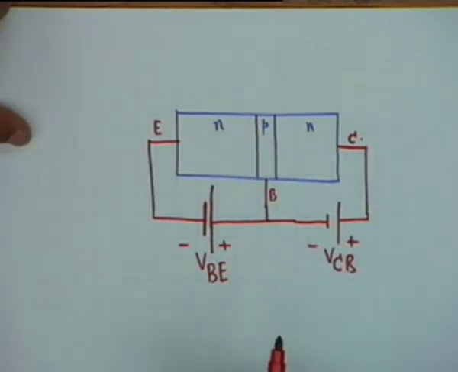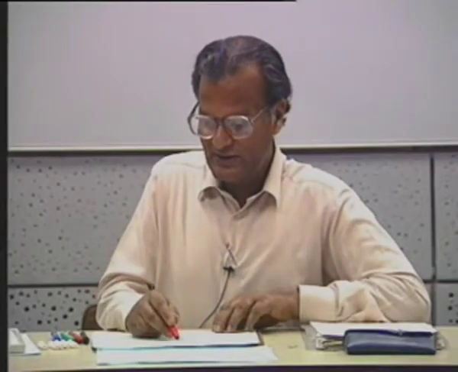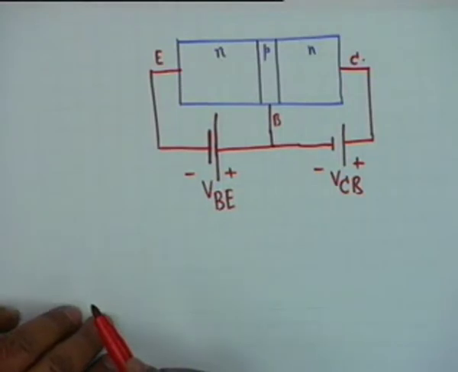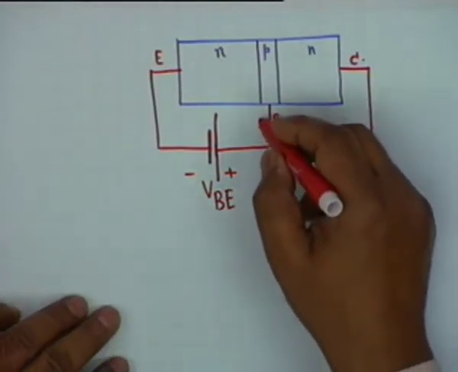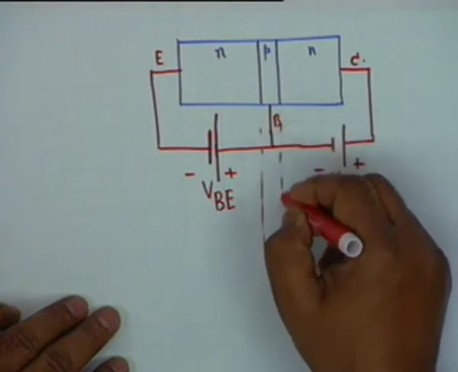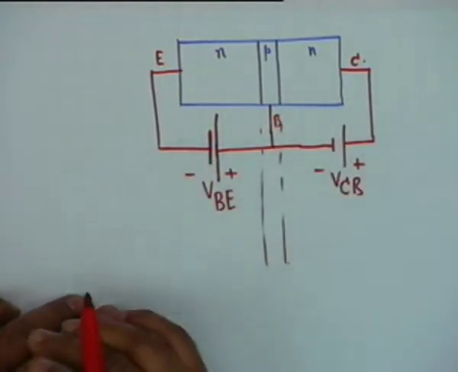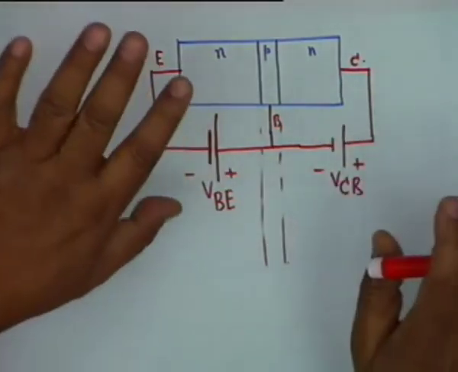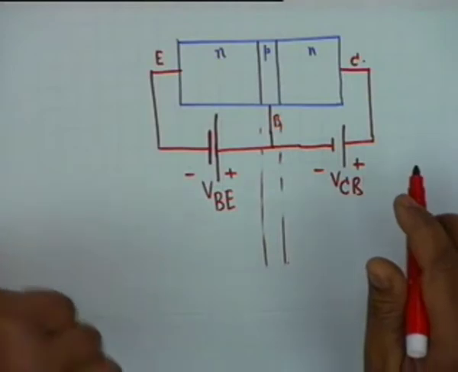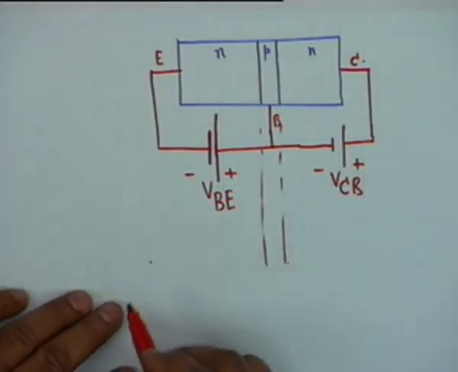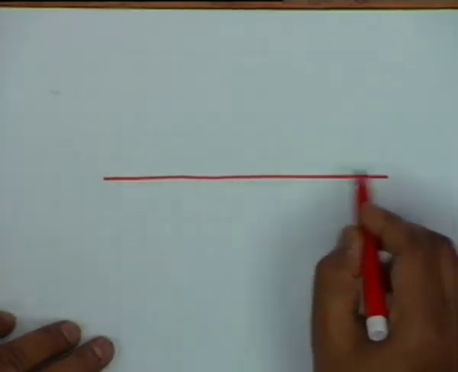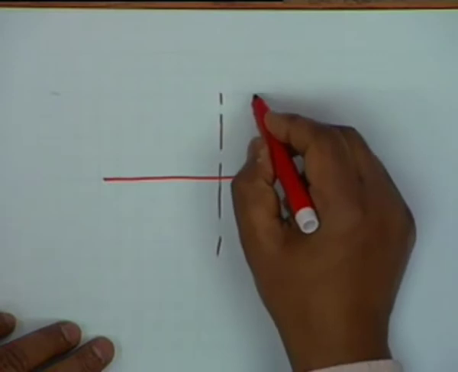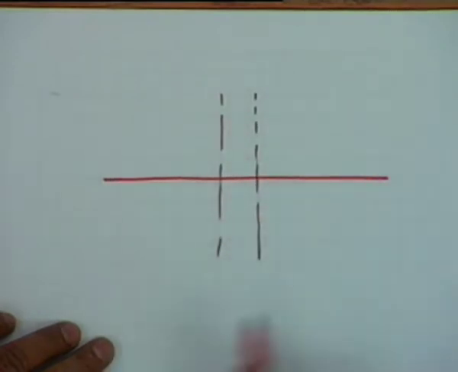Now, if you look at the potential barrier, there are two junctions now, NP and PN. Normally, when there are no biases, suppose these two terminals are not connected and the transistor is left open circuited, let me draw it in a separate sheet. Let us say this is one of the junctions and this is the other junction.